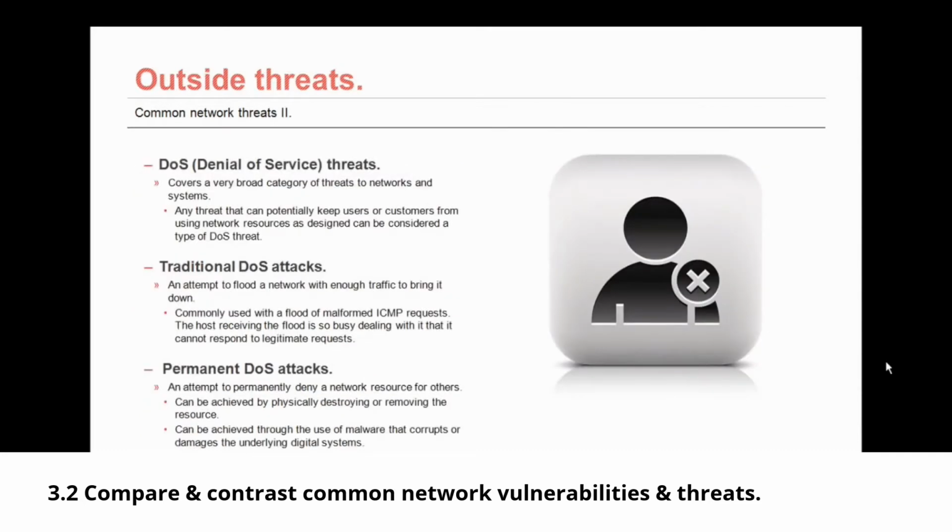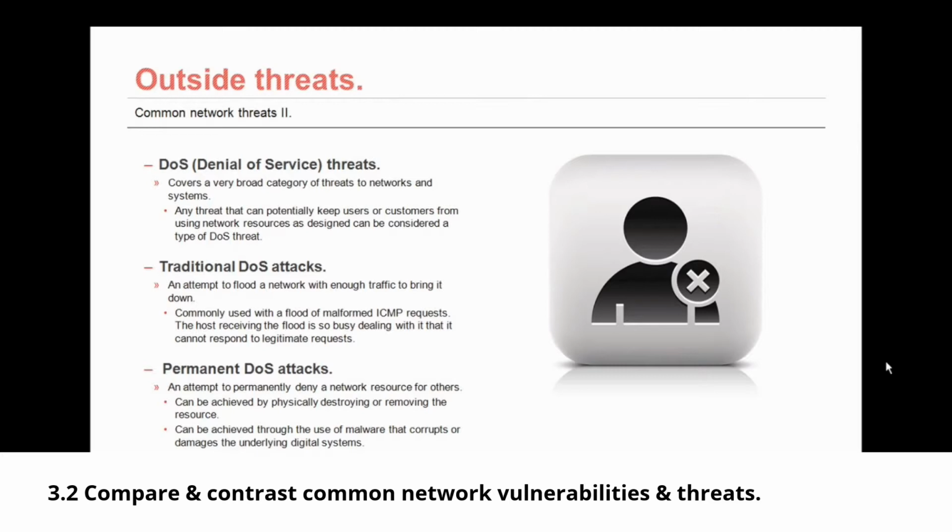The first major threat that we're going to talk about is the denial of service threat, or the DOS threat. This covers a very broad category of threats to networks and systems. That's because DOS covers any threat that can potentially keep users or customers from using network resources as designed.